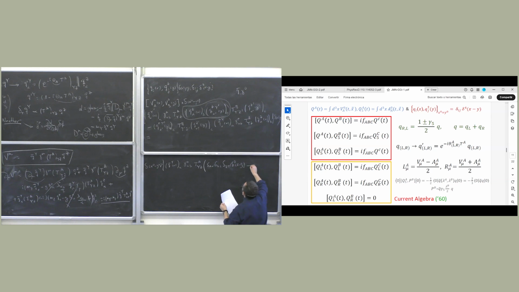And minus, then I change the order. Minus q dagger alpha prime y prime index c, q z alpha x index b, is that correct?